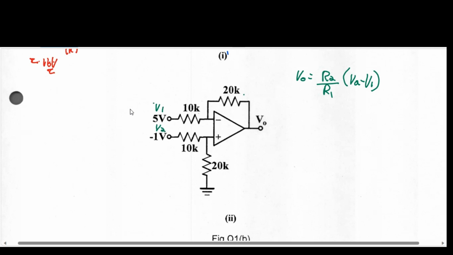R2 is 20, R1 is 10K, V2 is minus 1 and V1 is 5. So that'll be 2 times minus 6, which gets minus 12. There's nothing more to do. Once you know what type of op amp it is, you can just use the equation and plug in the values.